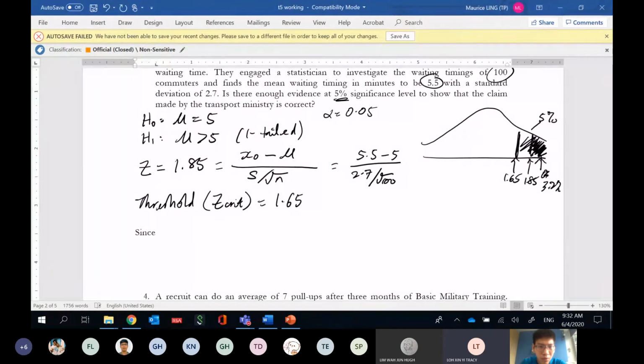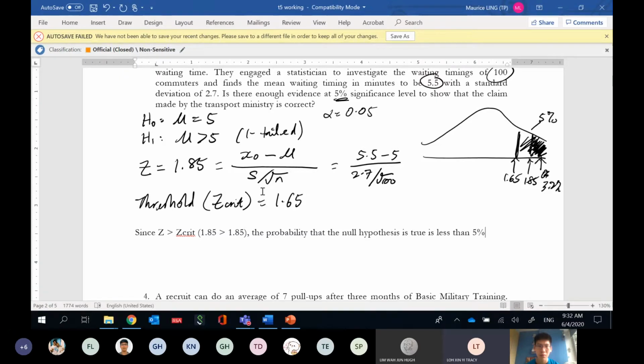Since the Z value is more than the Z critical value, because 1.85 is more than 1.65, the probability that the null hypothesis is true is less than 5%.